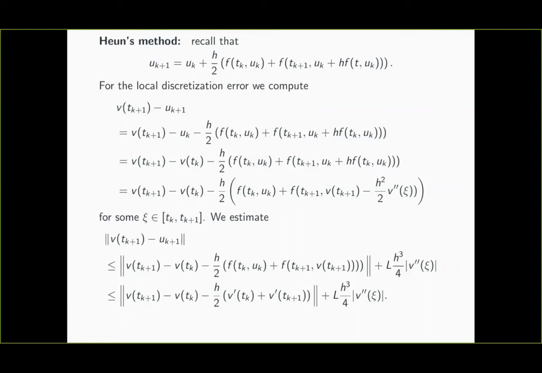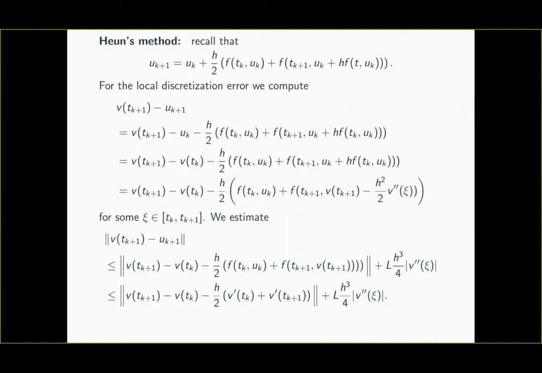Okay, let us start by recalling that u_{k+1} in Heun's method equals u_k plus h over 2 times f(t_k, u_k) plus f(t_{k+1}, u_k plus h times f(t_k, u_k)).